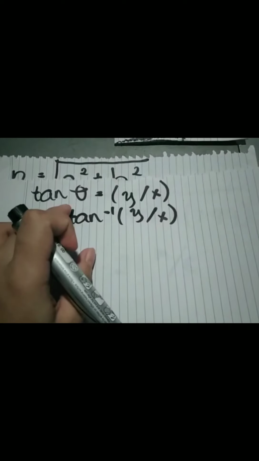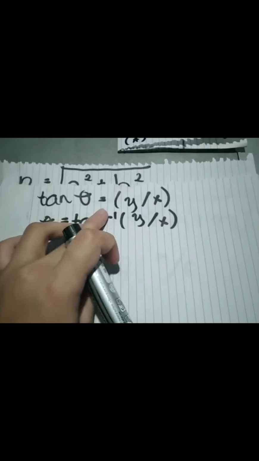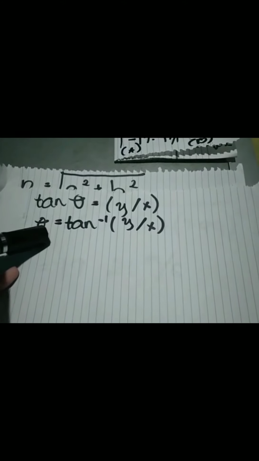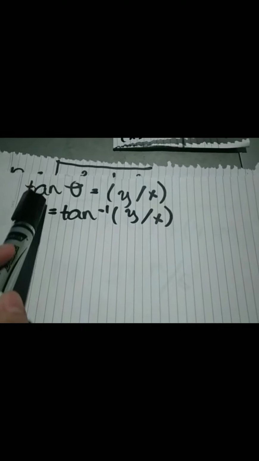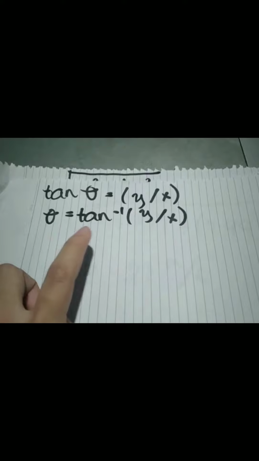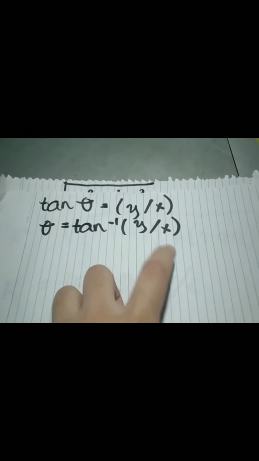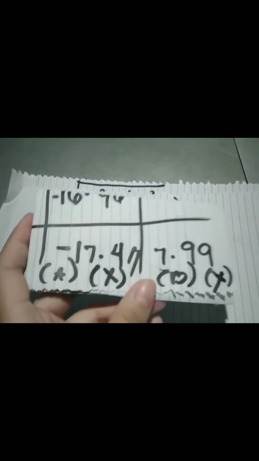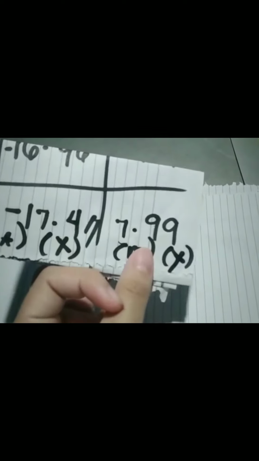Now, let us find the angle. So what we should use is tan theta is equals to y over x. But we are just looking for that angle, so we must move the tan in here and turn it to arctan. So what we should use is theta is equals to arctan of y over x. So our y is 7.99 and our x is negative 17.47.